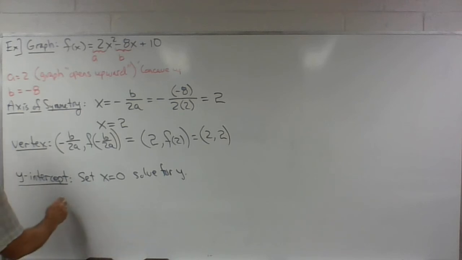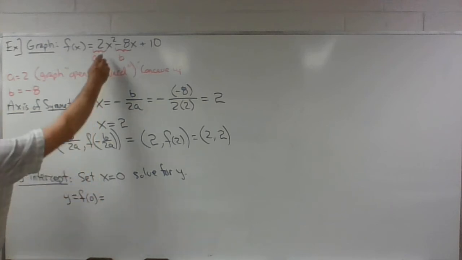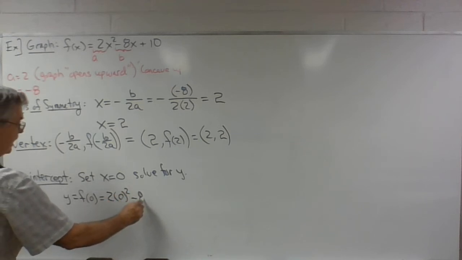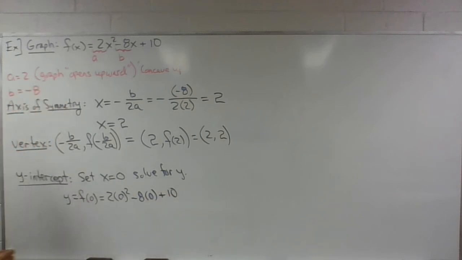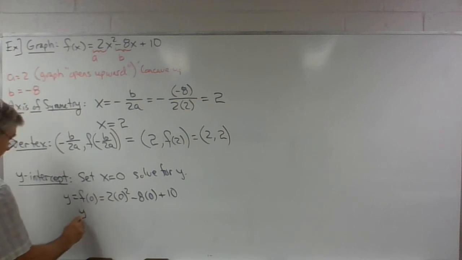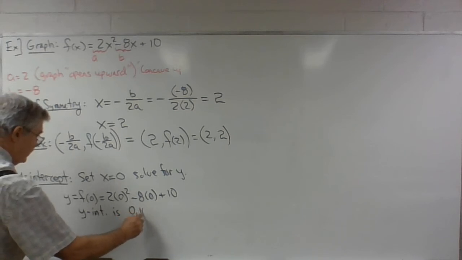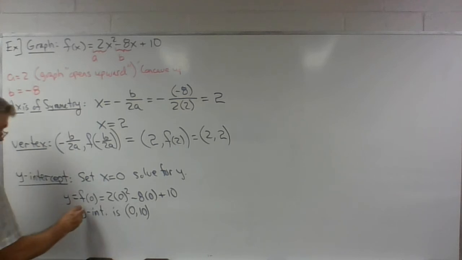Y equals f of 0, which equals 2 times 0 squared minus 8 times 0 plus 10. Okay, y-intercept is 10. X equals 0, y equals 10. That's our y-intercept.